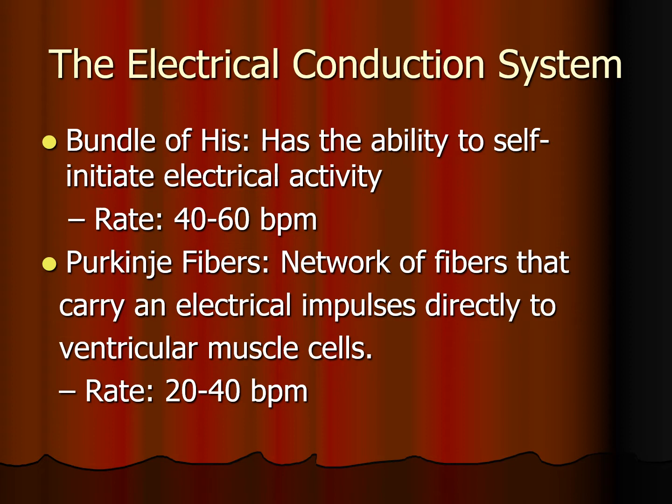And then the Purkinje fibers: if there's no other impulse being conducted, our ventricles can do things on their own. They don't do it very well, but their intrinsic rate is 20 to 40. So when we get into things later in the semester, like the heart blocks, which you will be learning, those rates tend to be much slower because the Purkinje fibers only fire between 20 and 40 beats per minute.